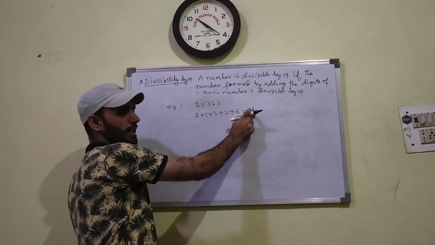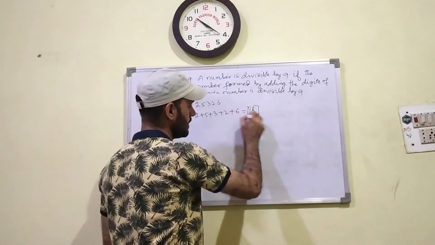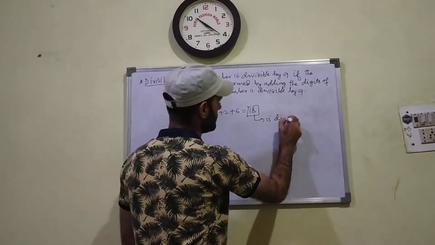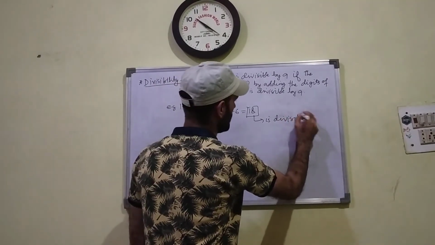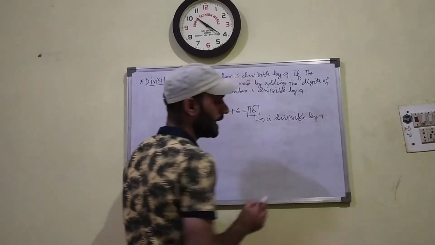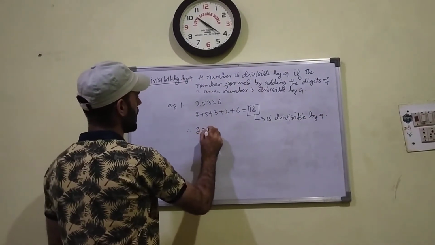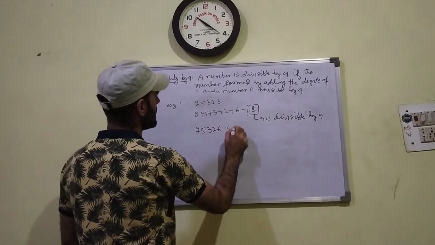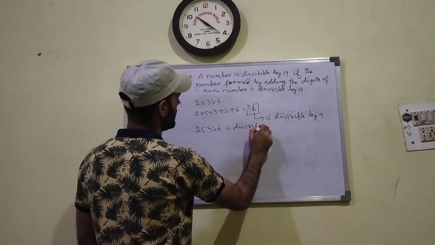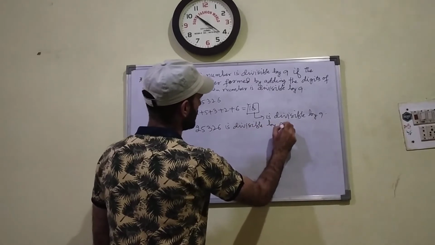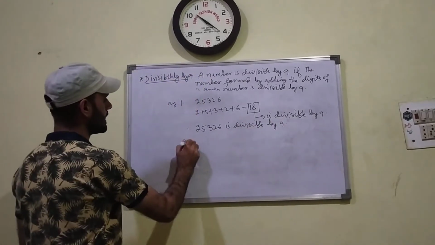Is this 18 divisible by 9? Yes, it is divisible by 9. Therefore, we can say that 25,326 is divisible by 9.